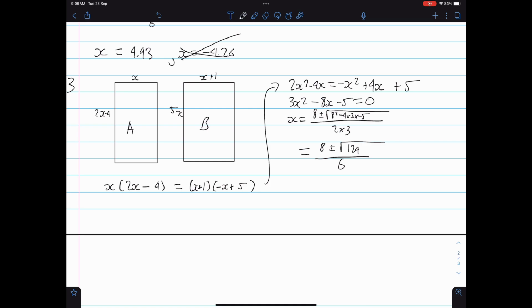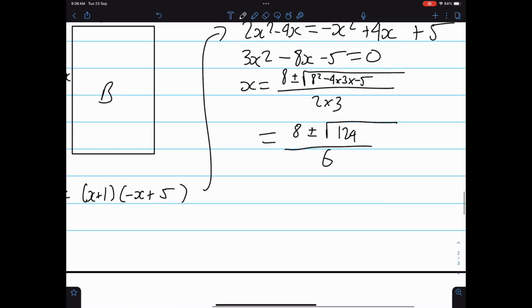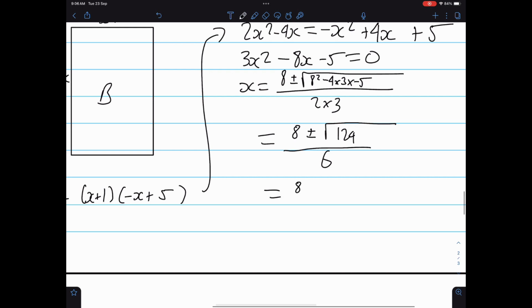And as we did before, we would just only take the positive. If you want to note that you take positive, you can. So you get 3.19.